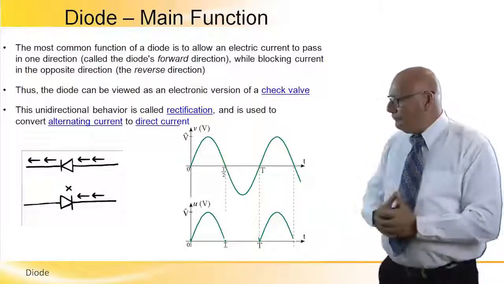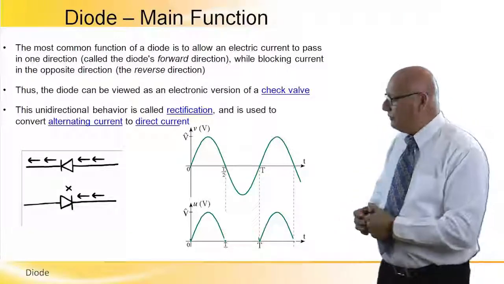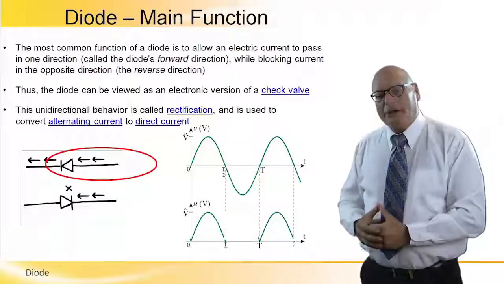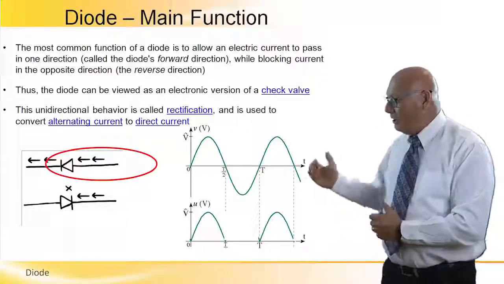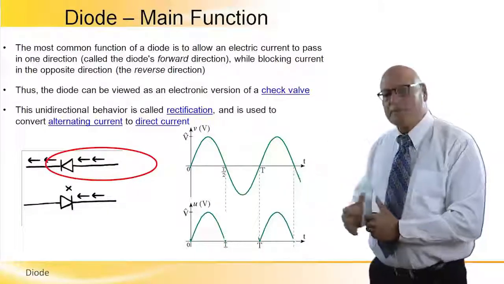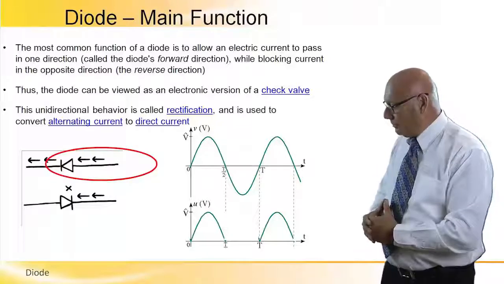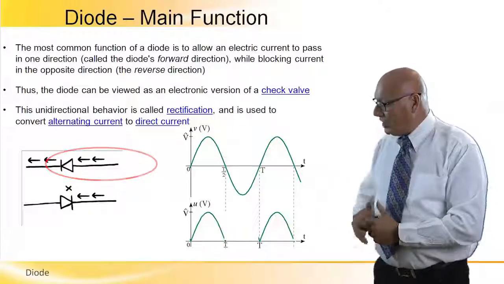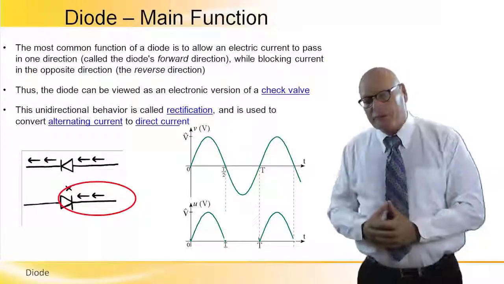The sketch on the left presents very clearly and simply that the current can go one way, on the top picture, from the anode to the cathode, and it cannot go the other way.